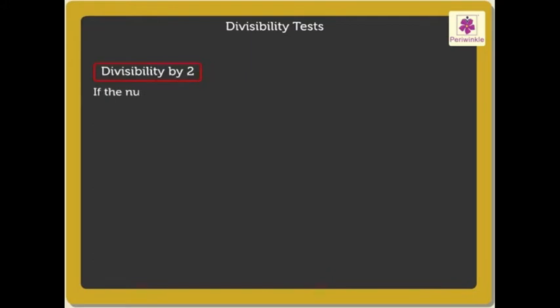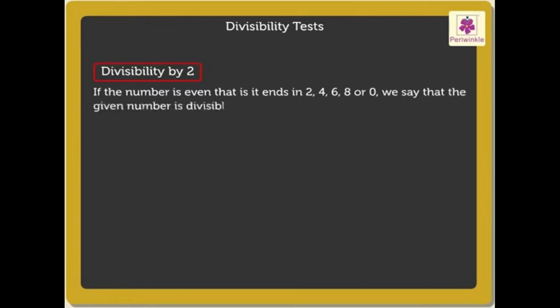If the number is even, that is, it ends in 2, 4, 6, 8 or 0, we say that the given number is divisible by 2. For example, 26 ends in 6. Thus, it is divisible by 2.